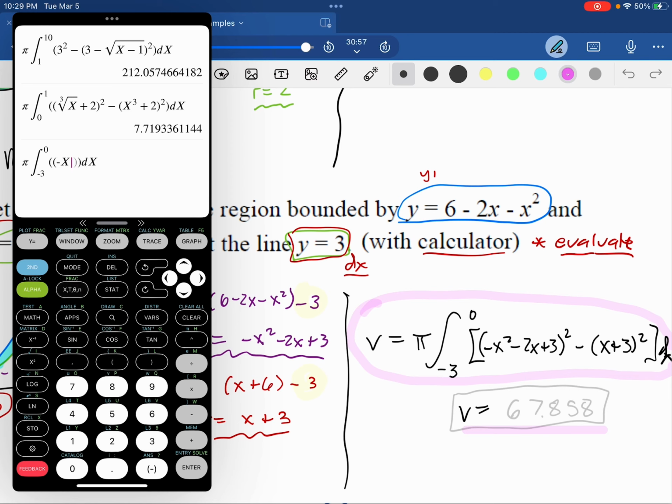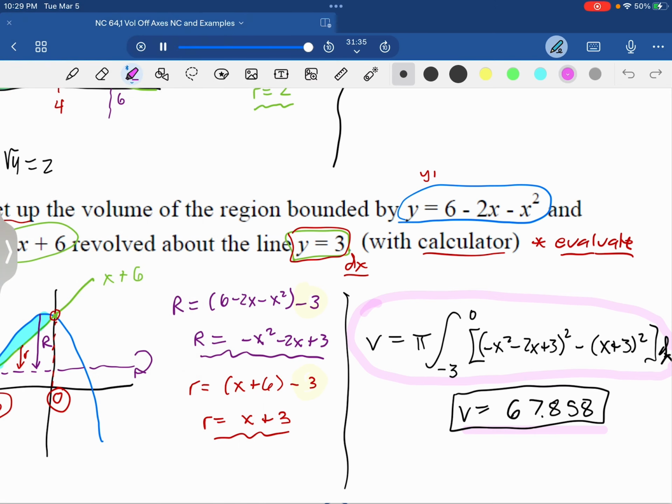And then my first parentheses will be the negative x squared minus 2x plus 3, close parentheses squared, take away x plus 3, close parentheses squared, dx. I'm getting 67.858. So again, similar to note card 62 and 63.